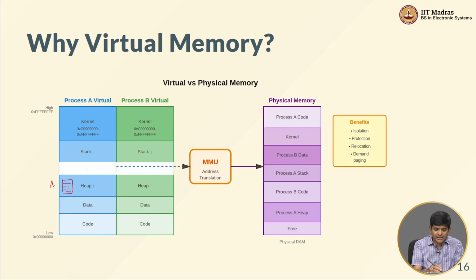It's possible that the first chunk of this is getting mapped into one location out here, and some remaining addresses out here are getting mapped into another chunk out here. In other words, in physical space, they are not one after the other. But as far as the program is concerned, all it has to do is +1 +1 +1, and the addresses just go automatically from one to the next.